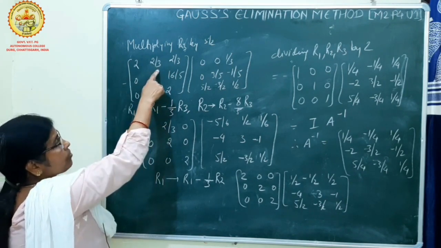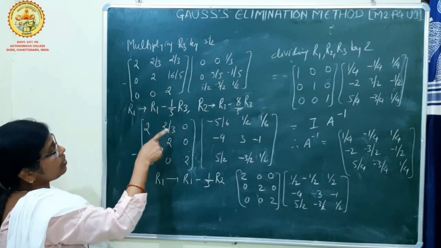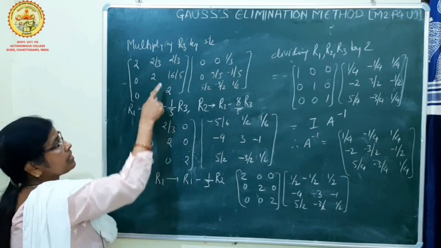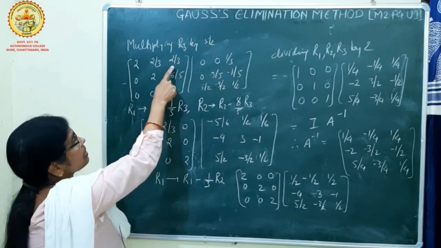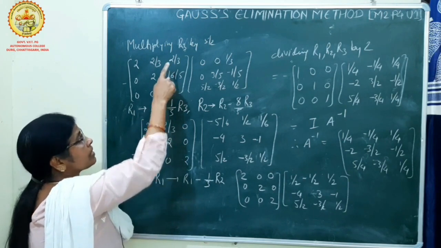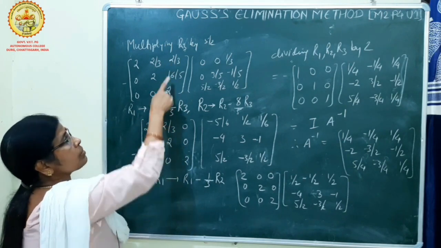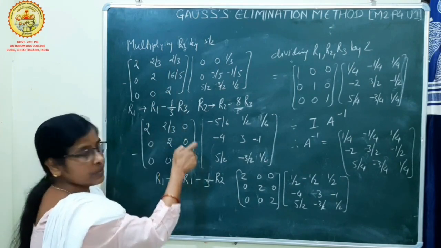Similarly R1 is 2 by 3 minus 1/3 of R3, which is 0. 2 by 3 minus 0 means 2 by 3. Similarly next, R1 is 2 by 3 minus 1 by 3 of R3, it is 2, minus 2 by 3 means it is equal to 0.